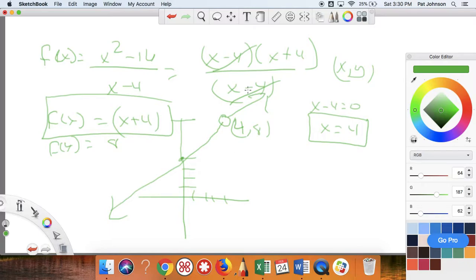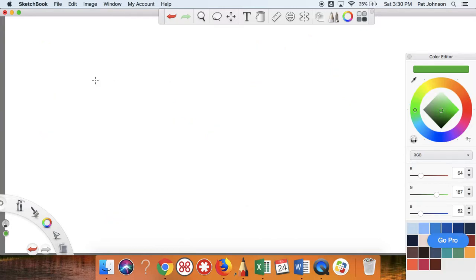So basically, learn those rules. And the first thing you're going to do is factor out any GCFs. Then you're going to find the zeros.